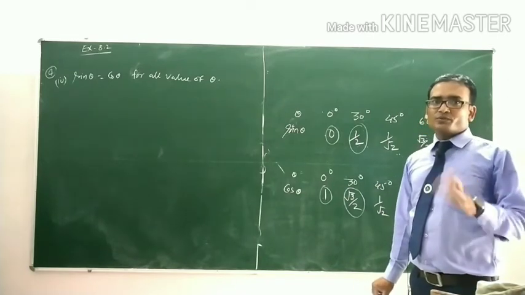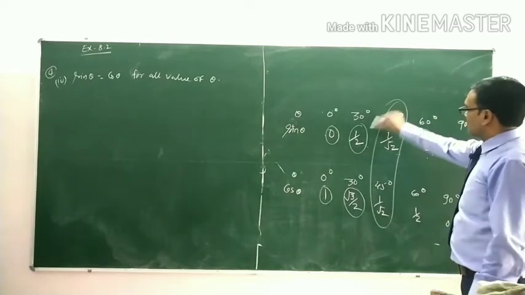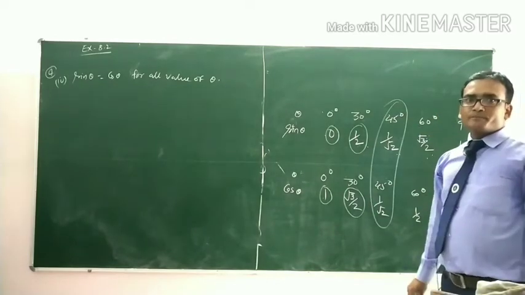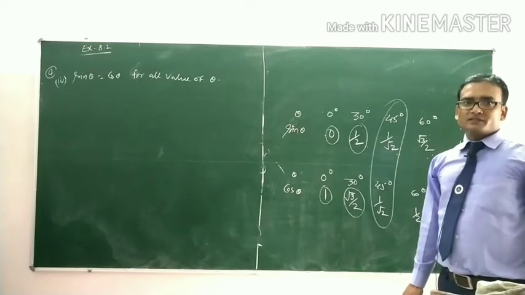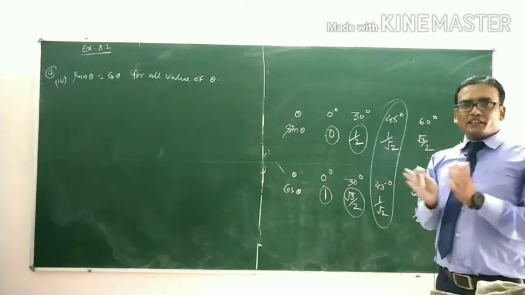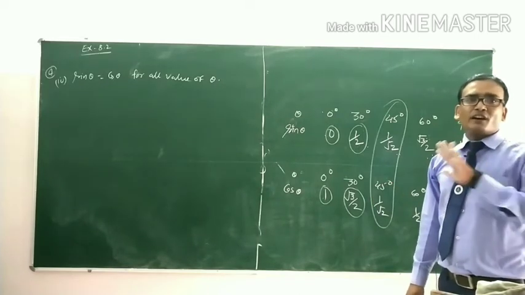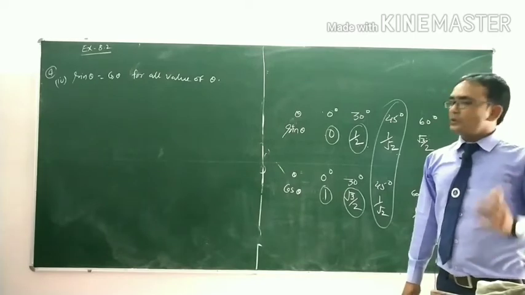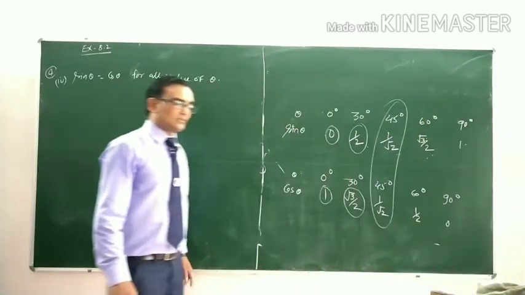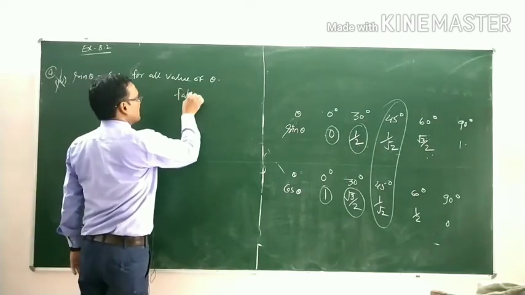Equal? No, students. This is equal for only 45 degree. Sin theta and cos theta are equal when theta is 45 degree, not for all values of theta. Okay, this statement is also false.